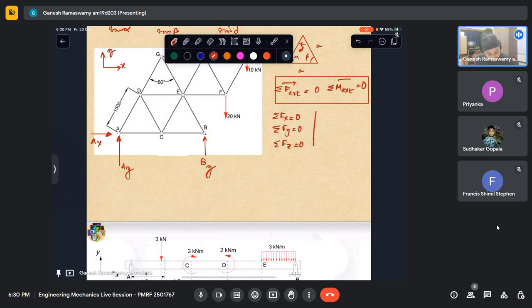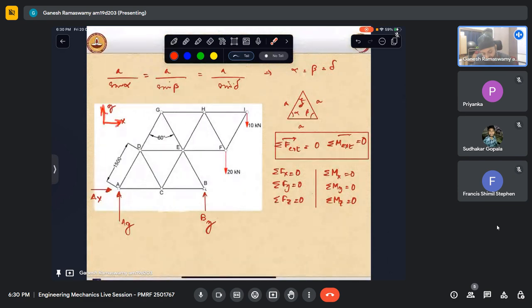Similarly, if I were to resolve the moments, sigma Mx, sigma My, sigma Mz. Sigma Mz implies that it is about the z-axis. For example, this is x, this is y, and z is pointing out of the plane of the paper. So whatever moments we calculate on this xy plane will have their axis about z, that is, parallel to z, plus or minus, depending on the cross product.